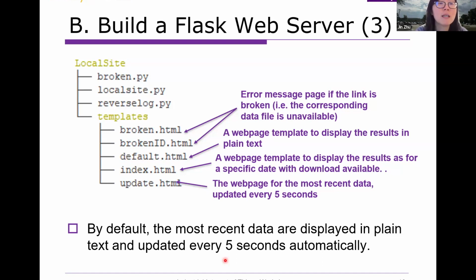And the index HTML, probably not the best name, is just a web page template that displays the result for a specific date, with a download available. You can click it and download the data as a .csv file, so that you can process it however you want.